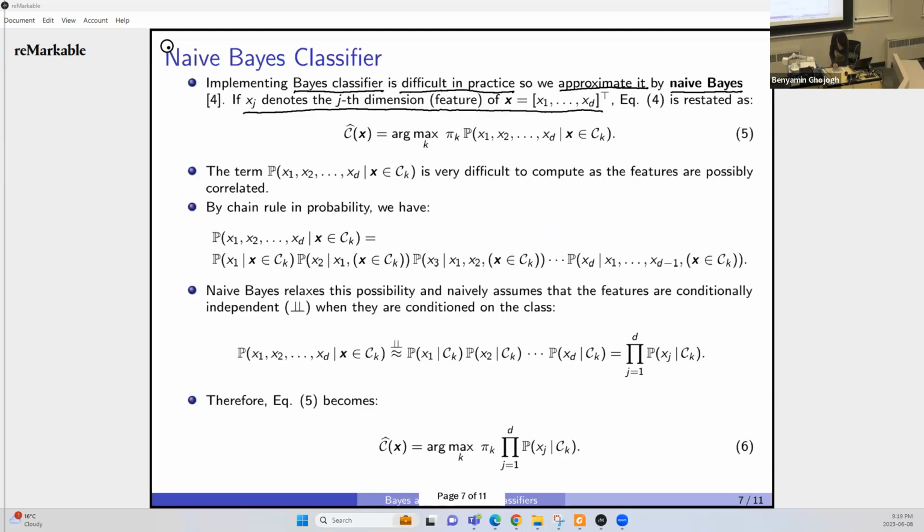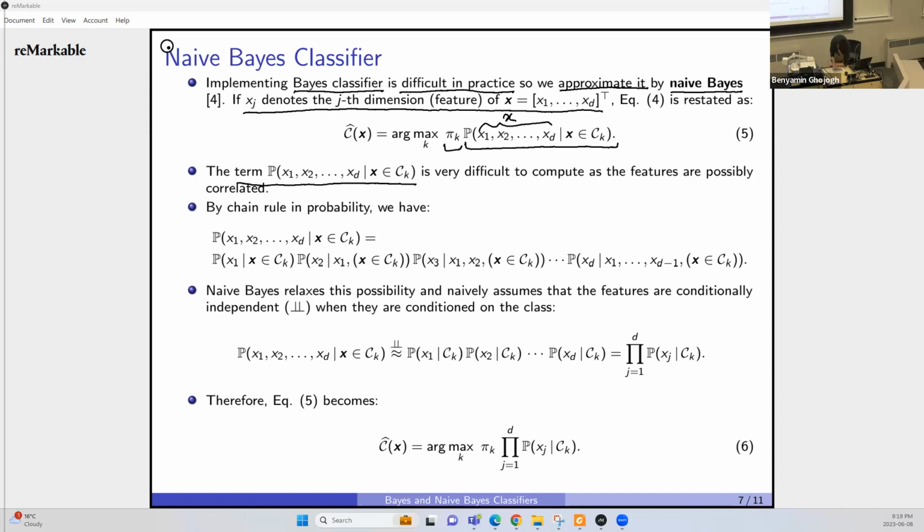Now I have x1 to xd rather than x. Is it still the Bayes classifier? Yes, but I'm going to approximate it. This is the Bayes classifier for d-dimensional x, equation 5.